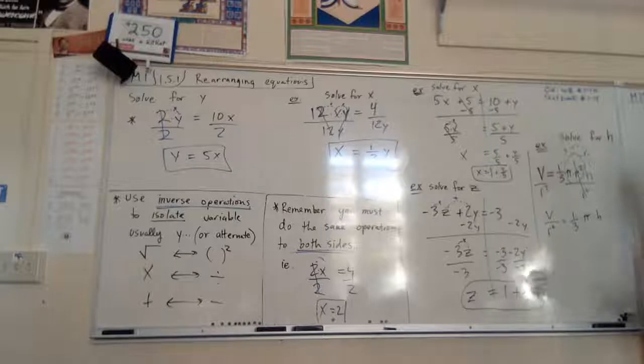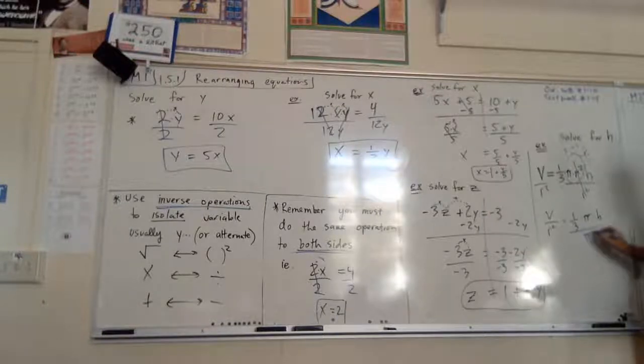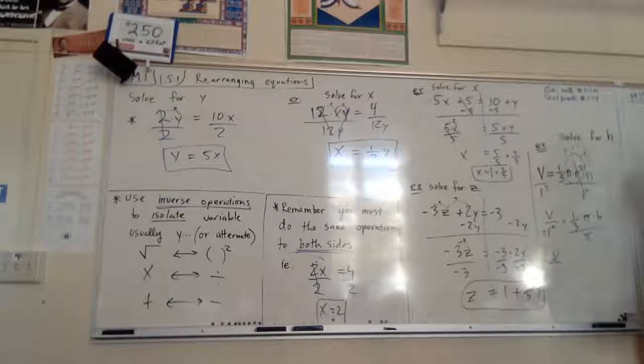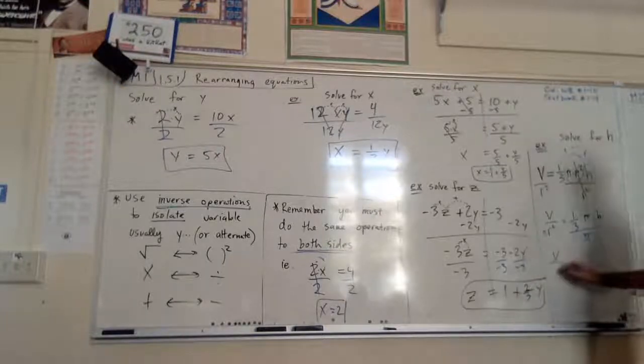Let's get rid of pi. So we divide by pi, and I'm going to just put the pi in the bottom. We leave it there, because it's really just all of it divided by pi. So we have b over pi r squared is equal to 1/3 h.